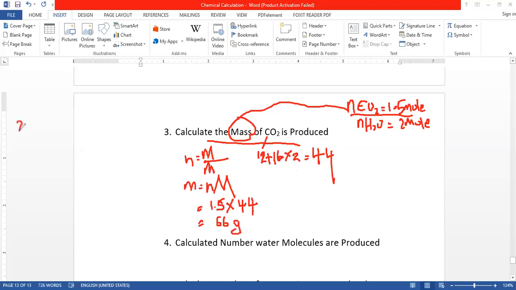So using 22 gram of propane, which was 0.5 mole, from 0.5 mole, 1.5 mole CO2 is produced, and that 1.5 mole is how much? 66 gram.